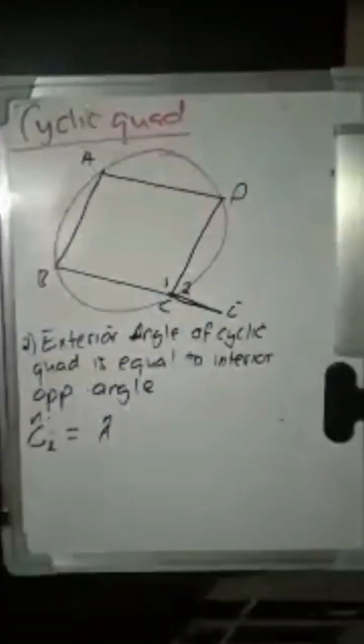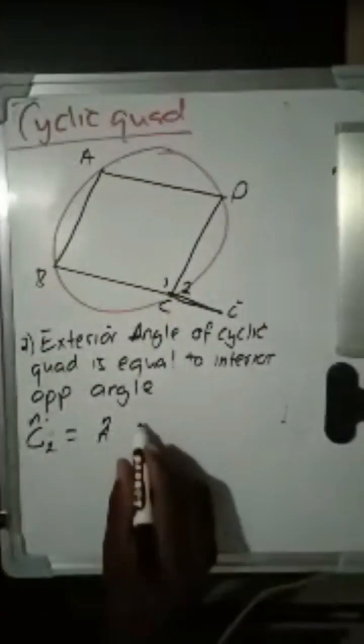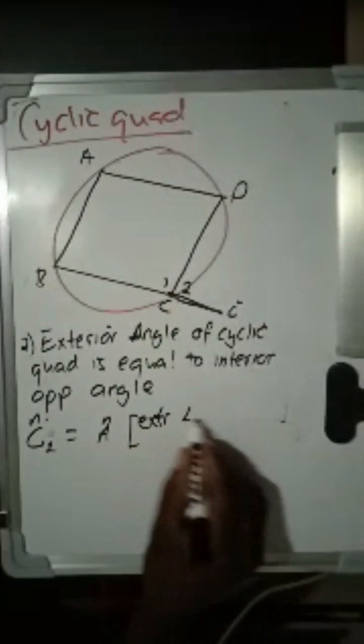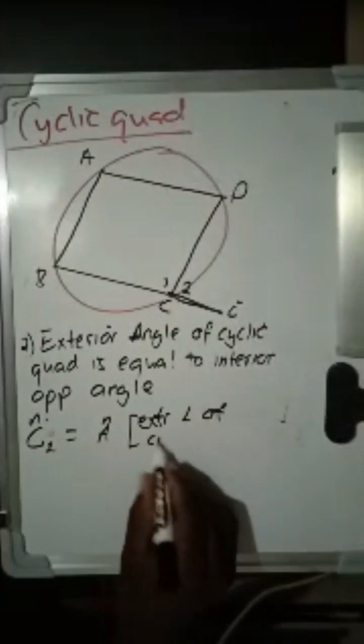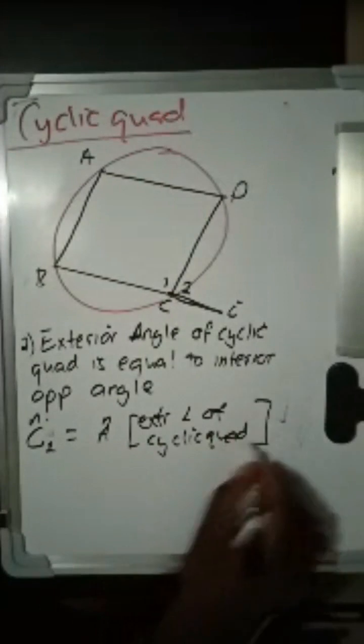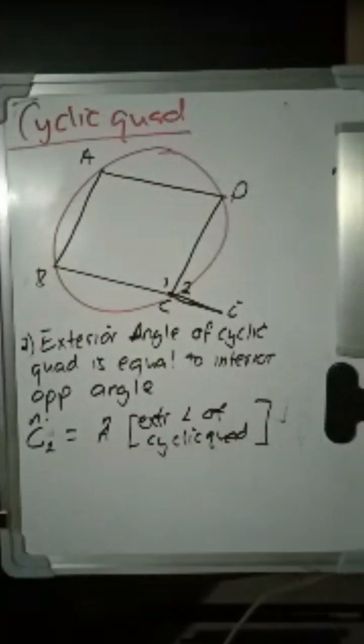This is outside the quadrilateral. Then the reason is exterior angle of cyclic quad.